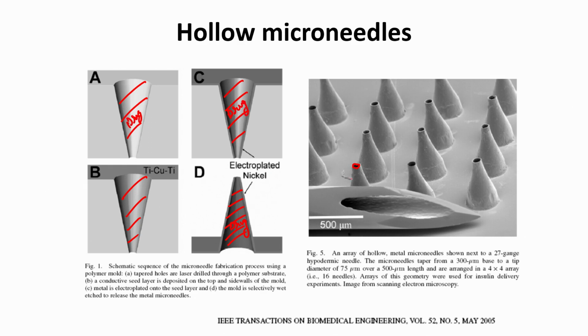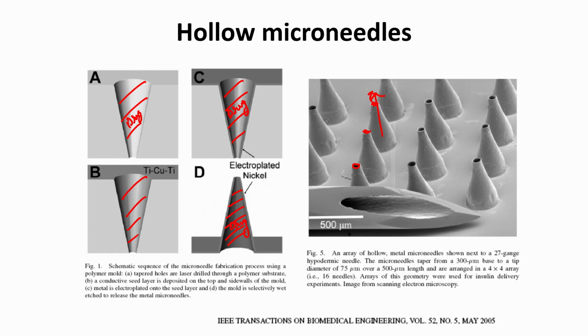And because of these holes, you can even cap these holes with some, let us say water soluble polymer. So once it comes in contact with the body, this is going to get dissolved away, and then the drug can diffuse out from these holes. So that is the major concept here.